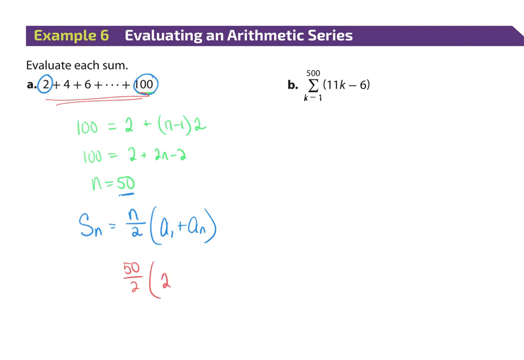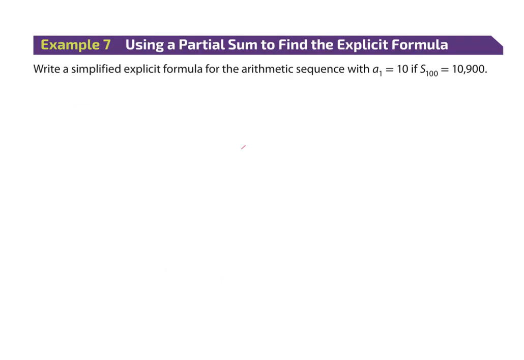My first term was 2, my last term was 100, all right? When you do 102 divided by 2 times 50, you get 2,550. All right, that's what happens when you add 2 plus 4 plus 6 plus 8 all the way to 100.